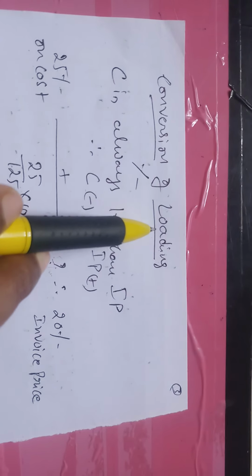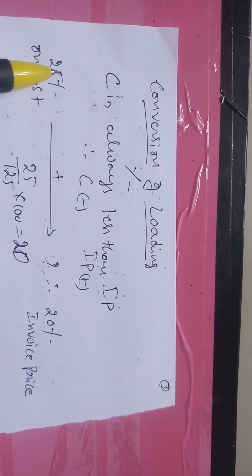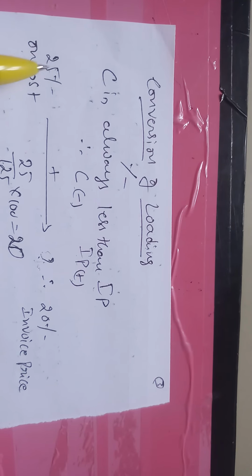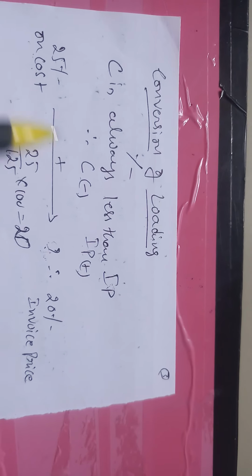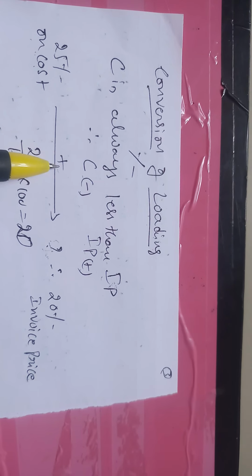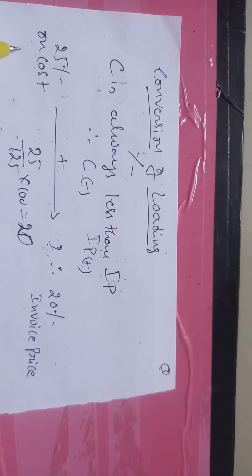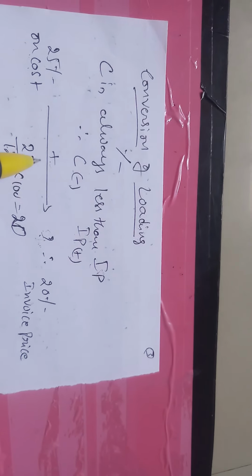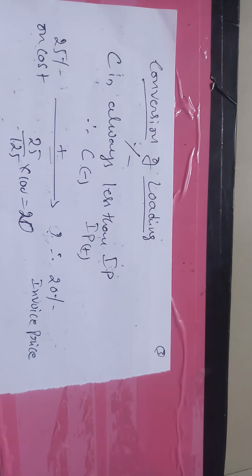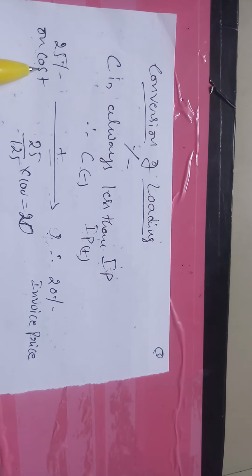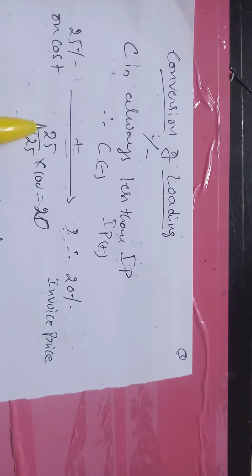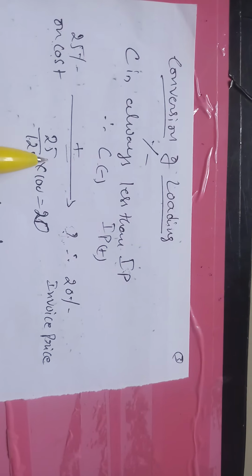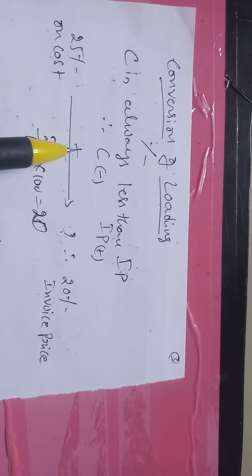Loading means percentage. So this is the cost percentage, and we want the invoice percentage. So what to do? Add. In case he gives 25% on invoice price, then we do minus. Got it? 25% on cost, so we add here.